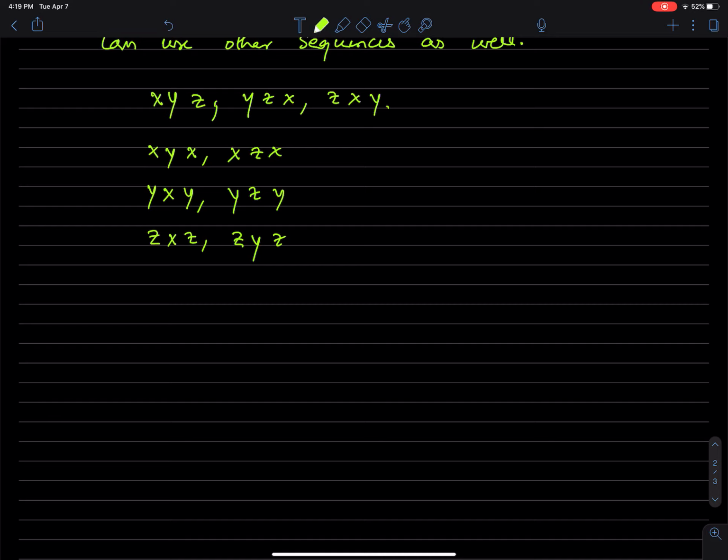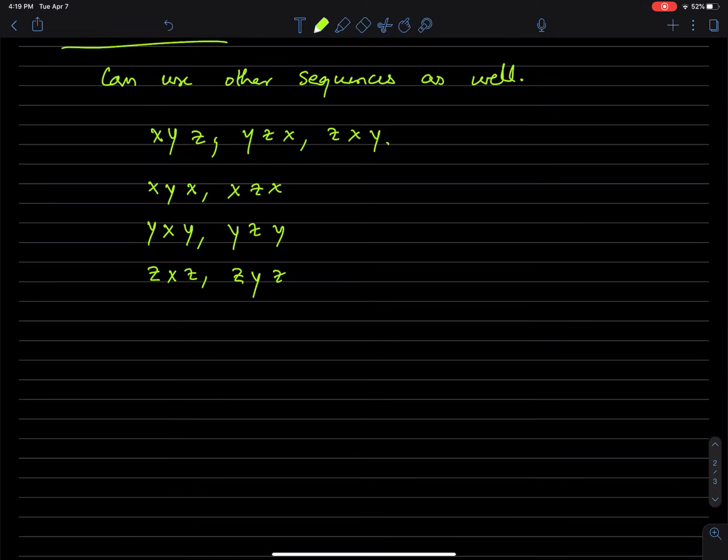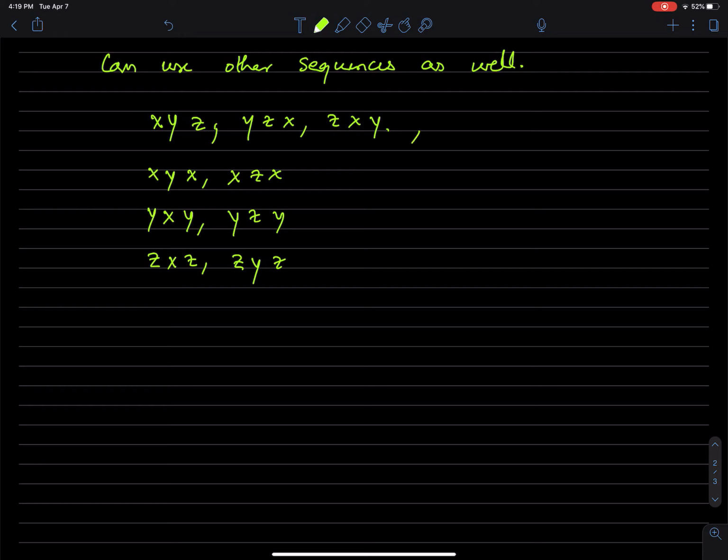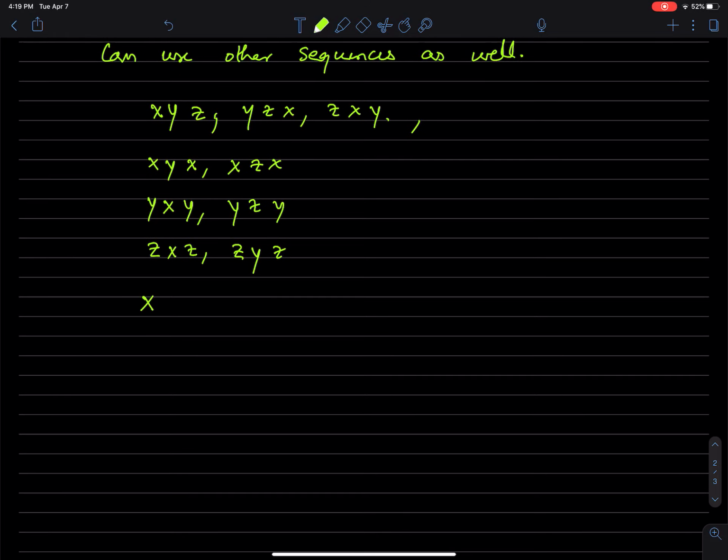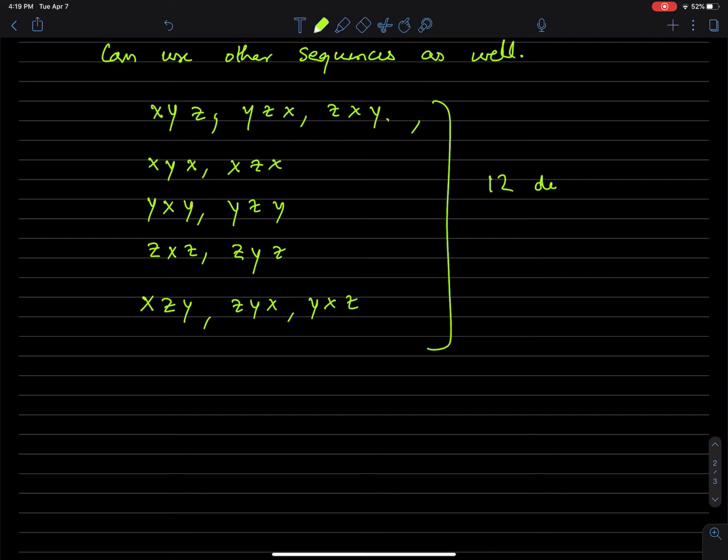These are all possibilities. What are the other possibilities? We can also do X, Z, Y, Z, Y, X, and Y, X, Z. Okay, how many did we get so far? 1, 2, 3, 4, 5, 6, 7, 8, 9, 10, 11, 12. So there are 12 different Euler angle possibilities.